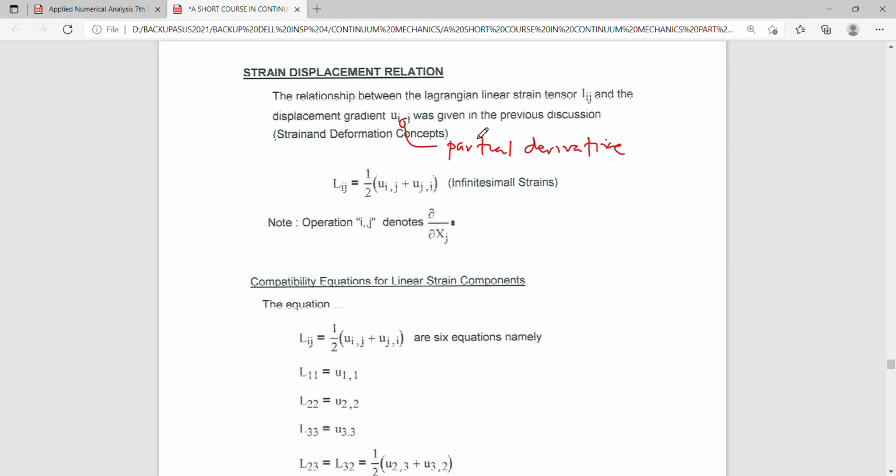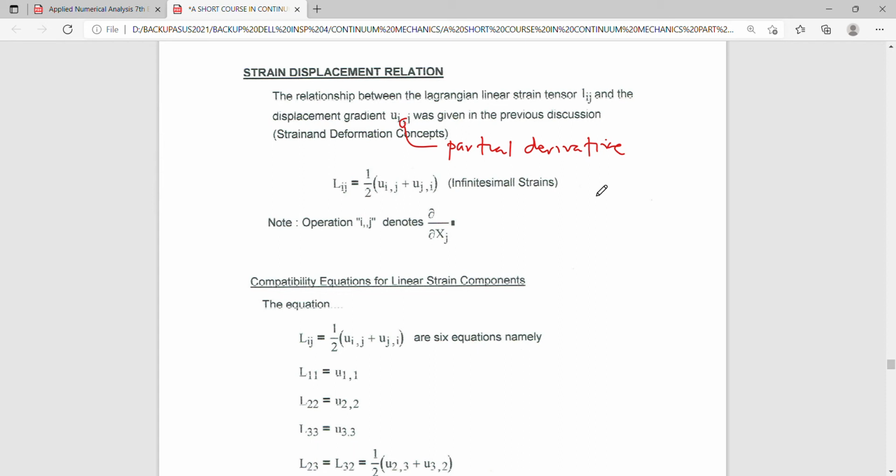So we have discussed this in the previous concept, and it's defined in terms of this infinitesimal strain description. Okay, so remember the finite strain is the more accurate.